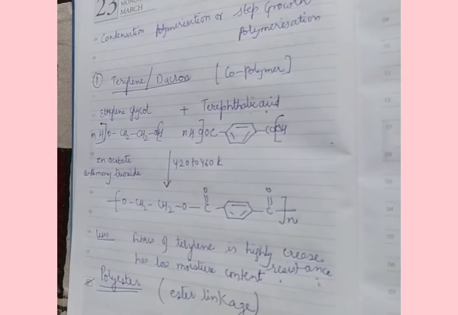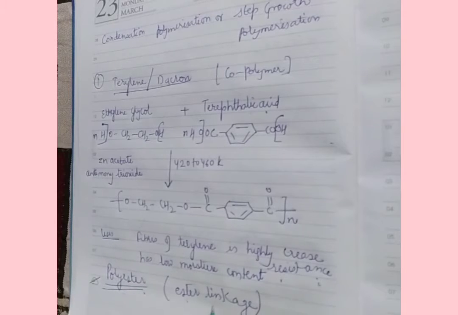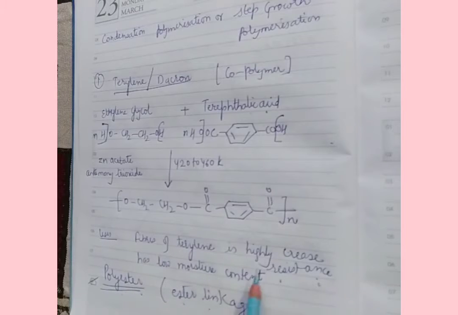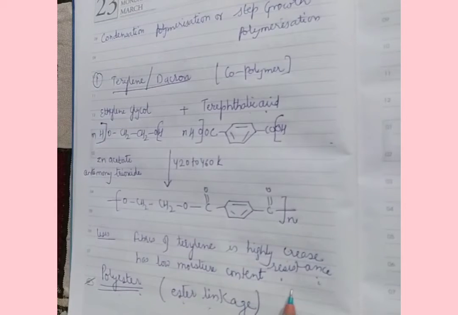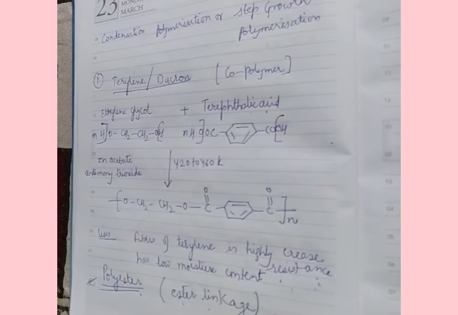So this terylene Dacron comes under the category of polyester because of this ester linkage being present in it, and these are used for their high crease resistance property. It is mixed with cotton and with wool also, so that the clothes don't have a crease or wrinkles problem. Okay, so this is what we are having.